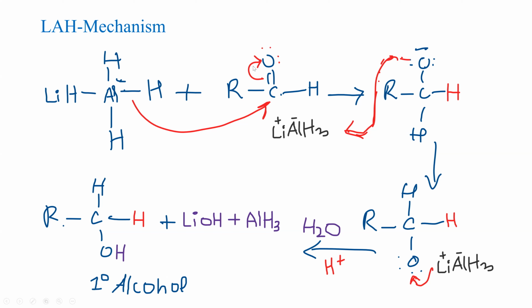So again, this pi electron will go back to the oxygen, and this oxygen will be converted into the alkoxide, and this hydrogen is contributed from this lithium aluminium hydride, which is simply known as LAH. L for lithium, A for aluminium, and H for hydride.